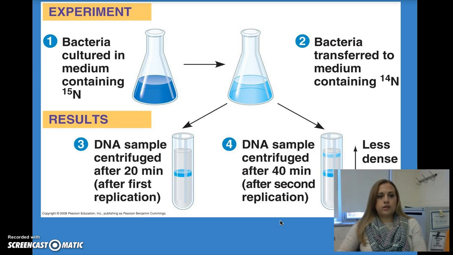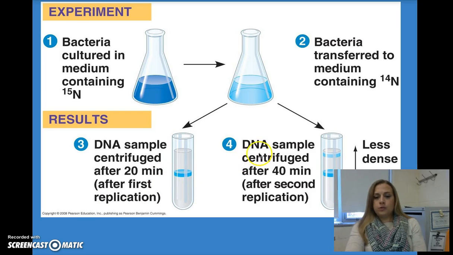So in the experiment, you've got your bacteria that was cultured in a medium that had the heavier nitrogen, nitrogen 15. The bacteria was then transferred to a medium that was nitrogen 14. Then this DNA sample is centrifuged after 20 minutes, so just after 1 replication, and you end up getting your DNA sample.